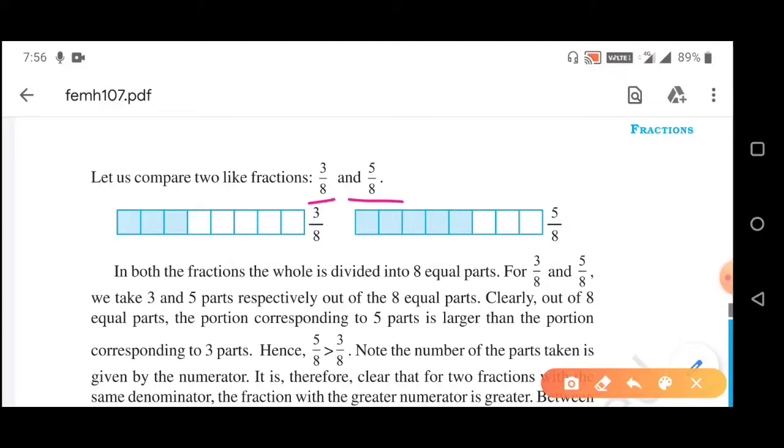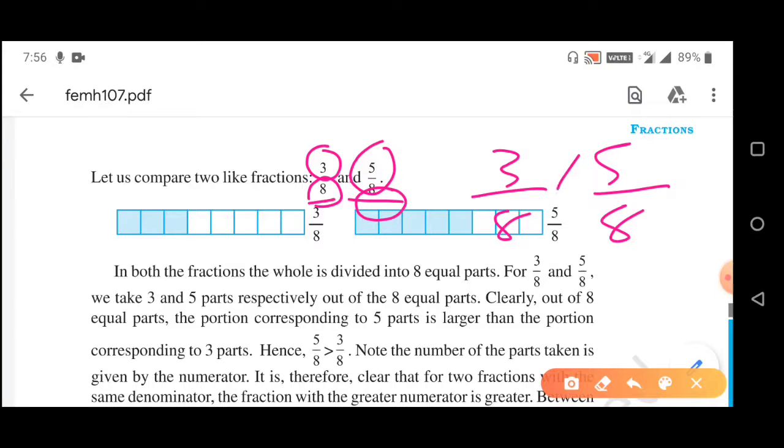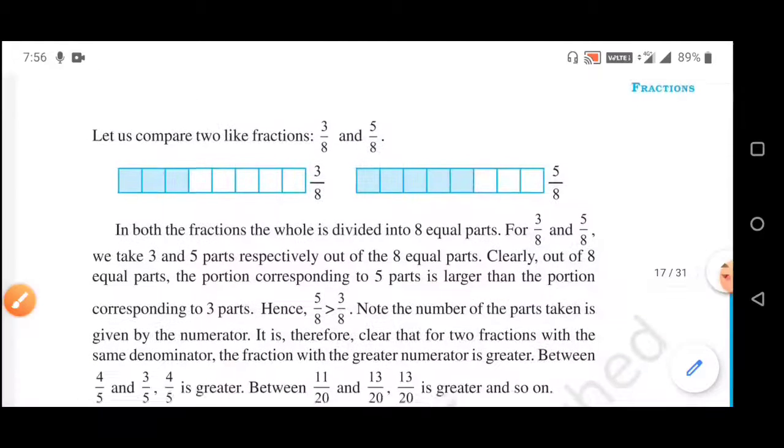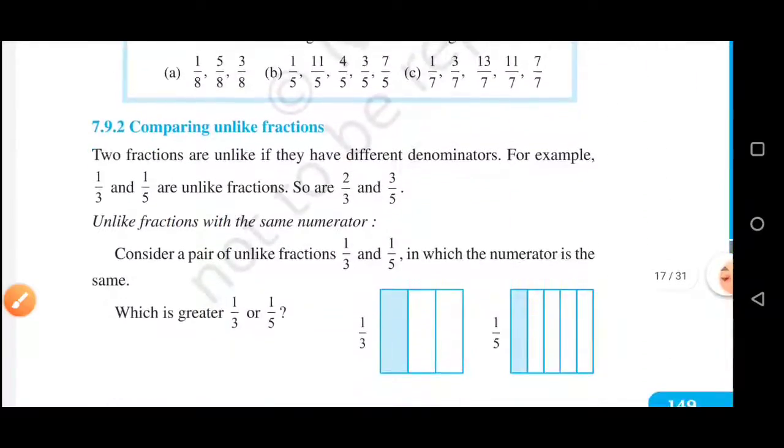Like fractions means denominators are the same, so we check the numerator, which is greater. Between 3 and 5, which is greater? 5 is greater, so 5 by 8 is greater. Whenever we compare like fractions, we just need to compare the numerators. For unlike fractions, we will discuss it later.